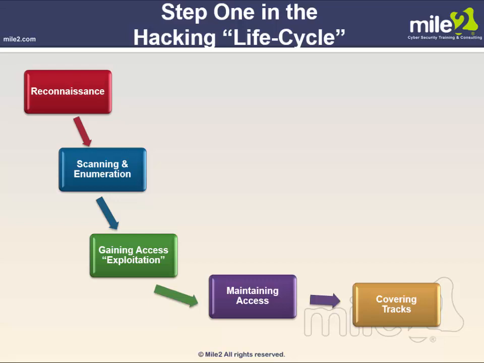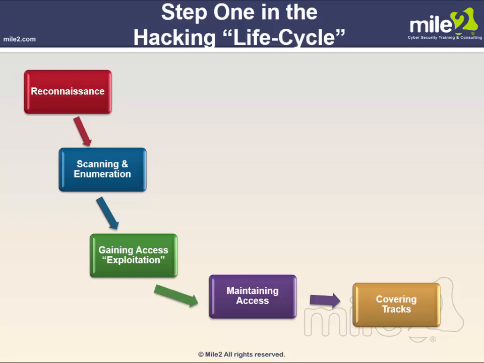This is basically where we use tools like Nmap and we do a little scan on our network or on the subnet, which would then allow us to see what machines are actually alive. And then from there we can enumerate and try to grab additional information off of those remote machines that we just identified as being alive or on the network. Then we get into the third phase, which is gaining access, exploitation scenarios.